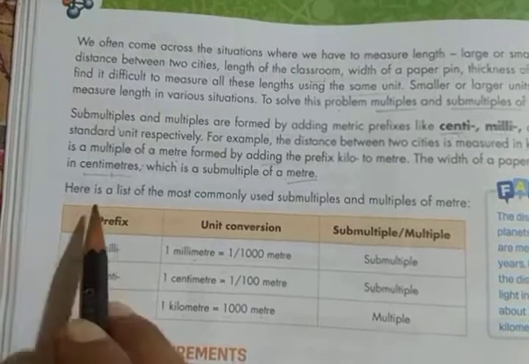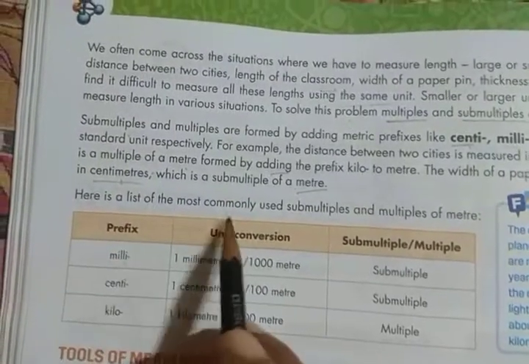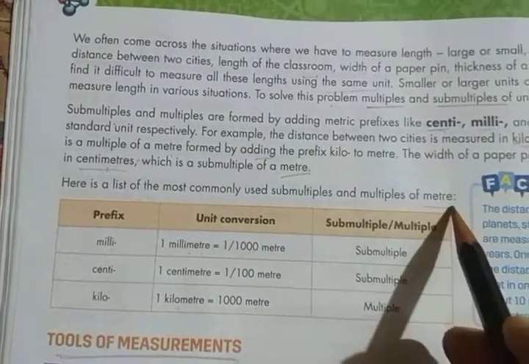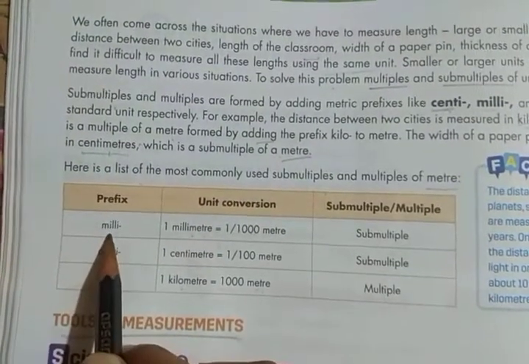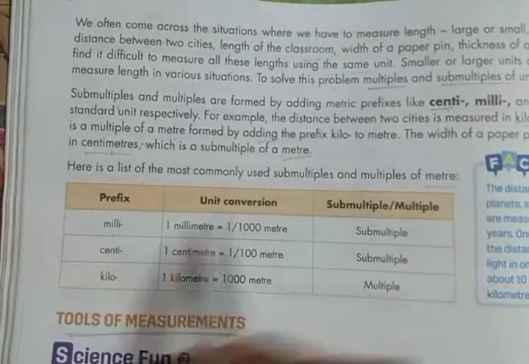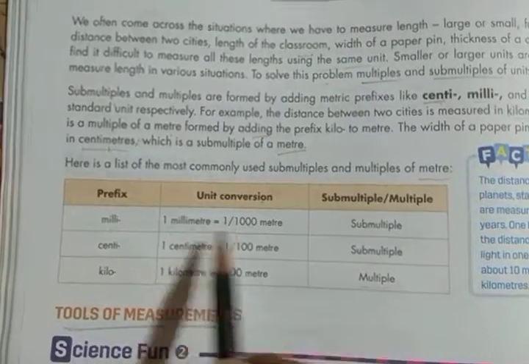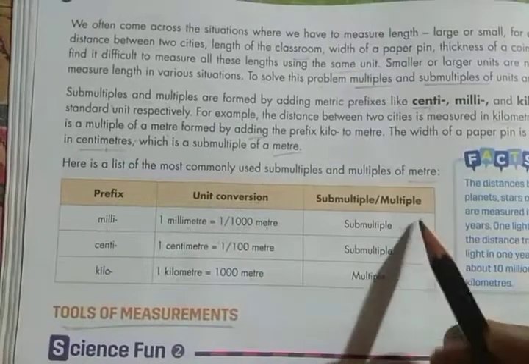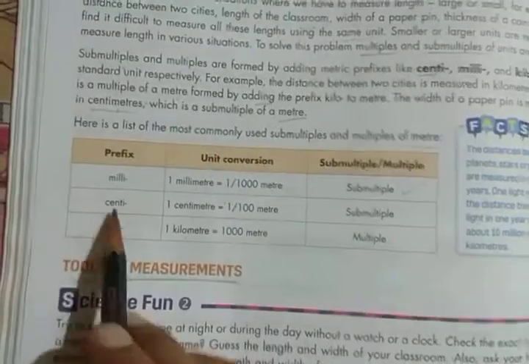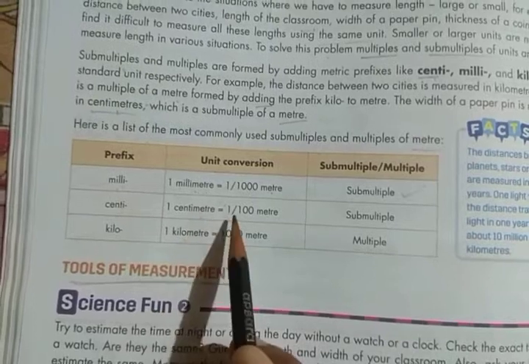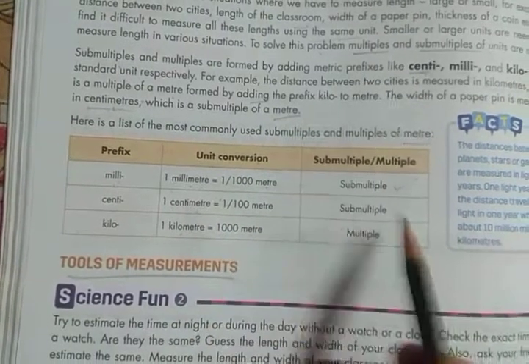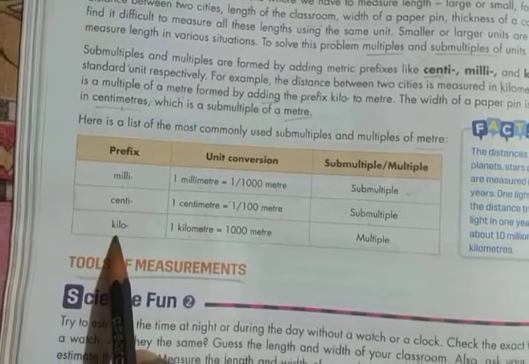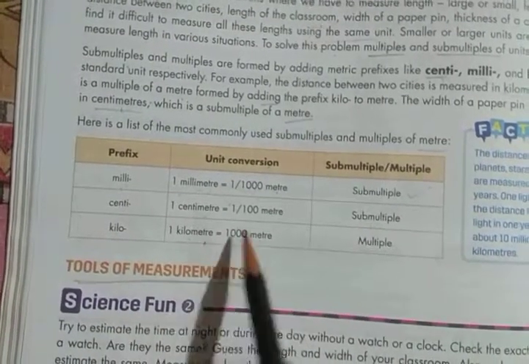Clear? So here is a list of the most commonly used submultiples and multiples of meter. Prefix milli, 1 millimeter equals 1/1000 meter. That means submultiple. Centi, 1 centimeter is equal to 1/100 meter. That means submultiple. But kilo, 1 kilometer is equal to 1000 meters.